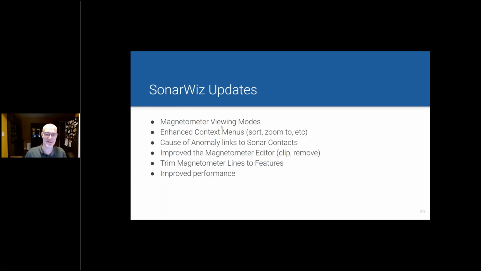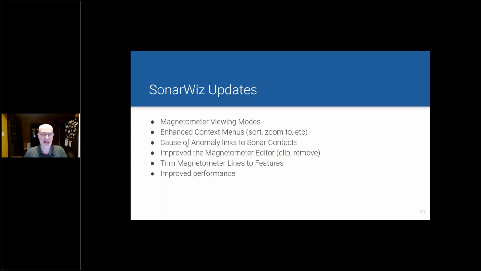One of the biggest changes that we made in this release is that we now have magnetometer viewing modes. So you can control the screen and what you see on the magnetometer by manipulating it like you would other data sets. We've enhanced the context menus, so you've now got sort and zoom to and all this kind of stuff that you would expect from a towed system in SonarWiz.